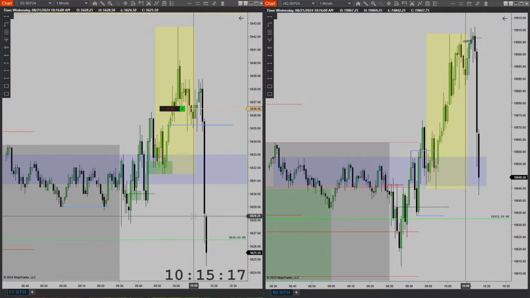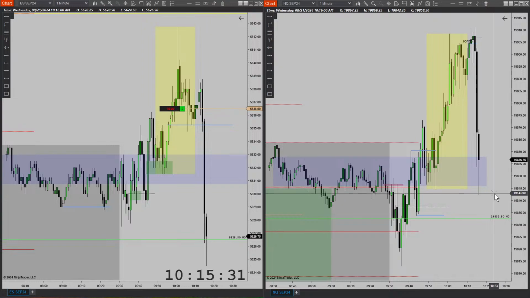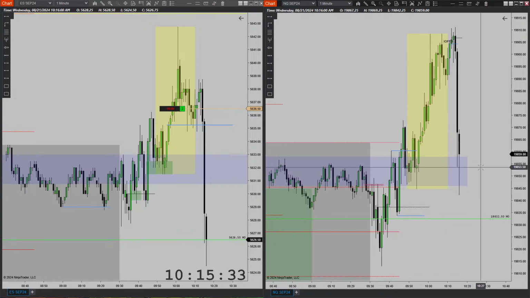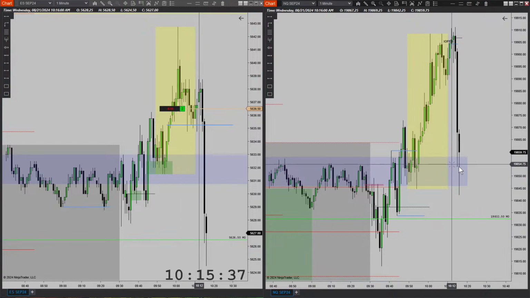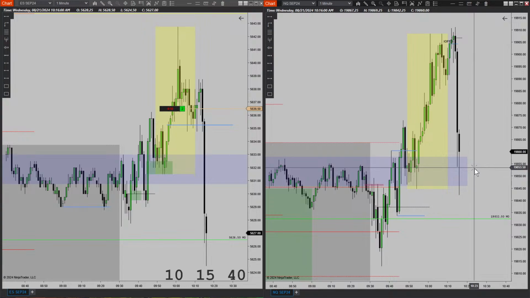We swept this low, NQ didn't. Okay, that might be something. All right, we're still within this unicorn here.